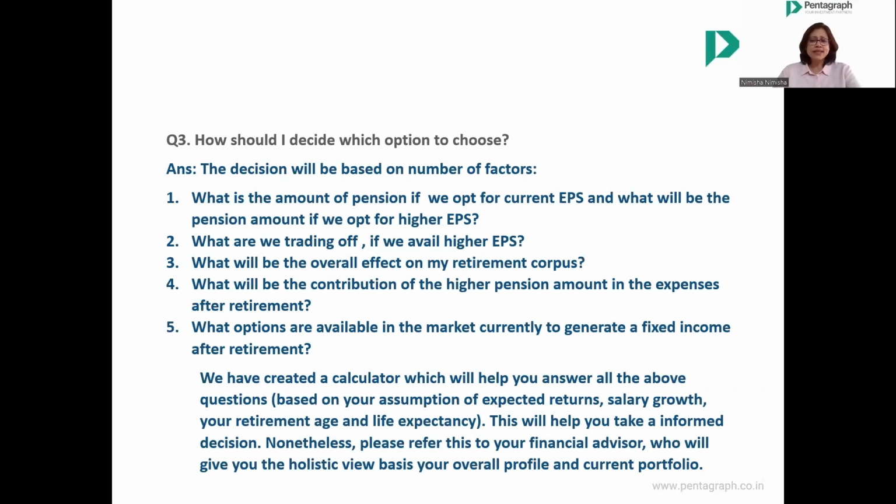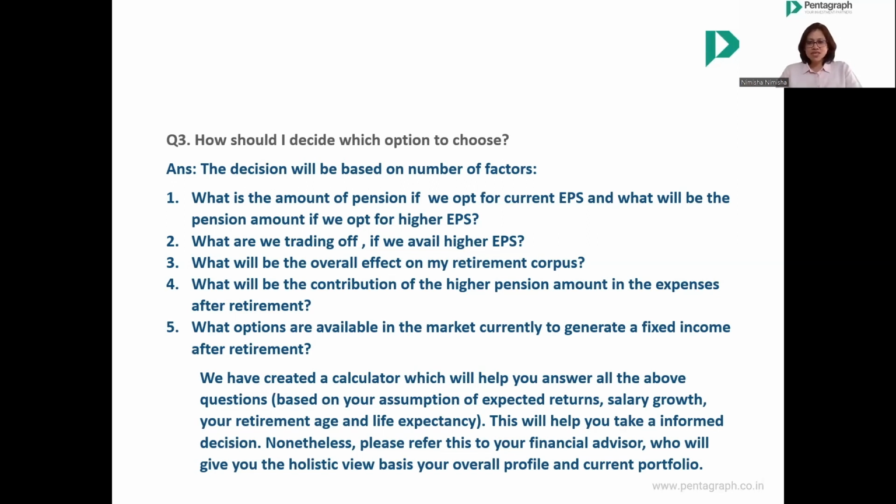Here, let us first understand how the entire system works. The 12% of the basic salary which comes as a contribution from your employer is divided into two parts. A part of it goes to an EPF account and the other part goes to your EPS account. Ideally in your EPS account it should be 8.33%, whereas 3.67% should go to your EPF account.